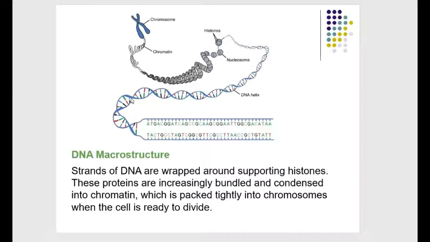Now we're going to step back and talk more about the nucleus and the material within the nucleus, which is DNA. DNA stands for deoxyribonucleic acid. It is a complicated structure that, in most cases, is loosely packed within the cells, and it winds itself around multiple different materials in order to stay accessible during normal cellular activities, but you want it still organized.